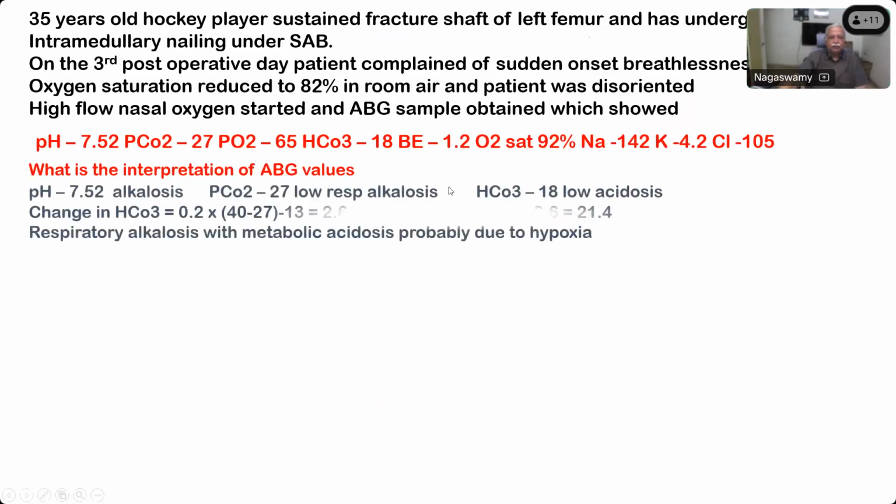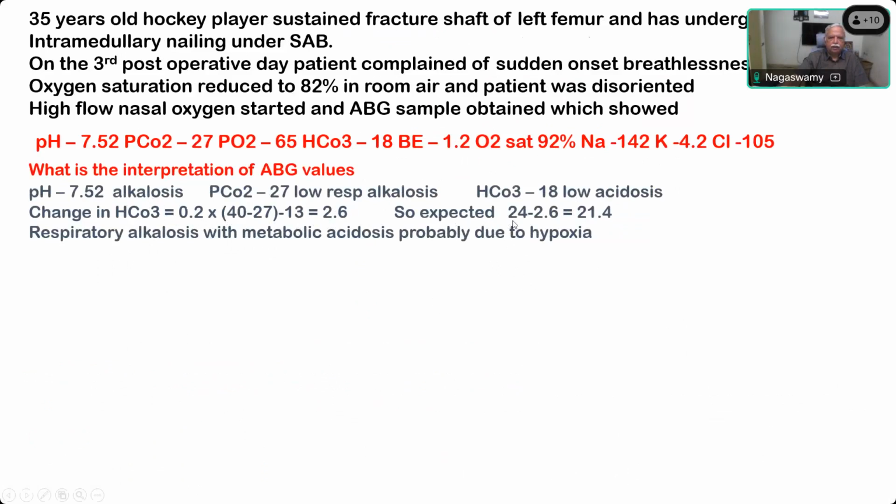So this is an alkalosis, which you want to call respiratory, but why metabolic acidosis? So you must use the formula to find out whether the change in bicarbonate is according to the clinical condition. So 0.2 into 40 minus 27, 13, 2.6.